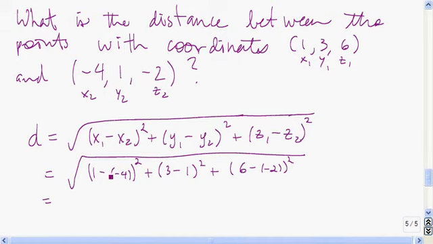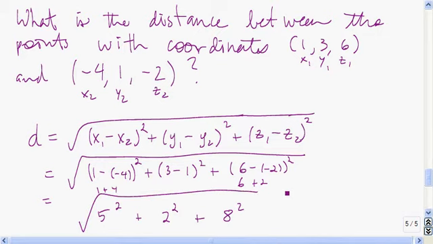So 1 minus negative 4 is 1 plus 4, so I get 5 for that. So 5 squared. 3 minus 1 is 2, so I have 2 squared for that. 6 minus negative 2 is 6 plus 2, which is 8. So I have plus 8 squared for that one. And I take the square root of it.